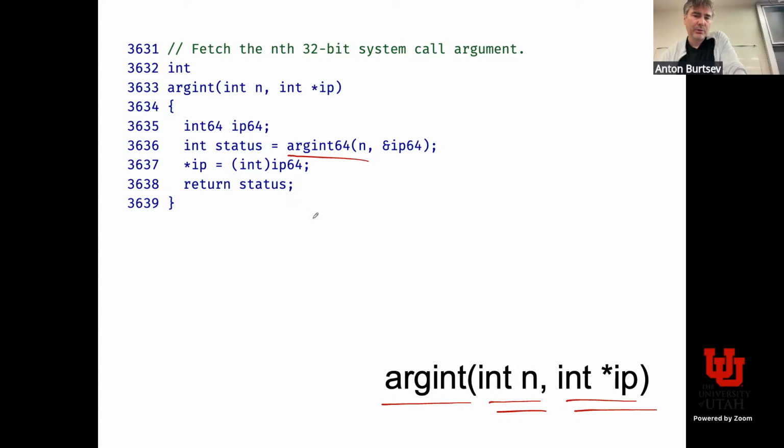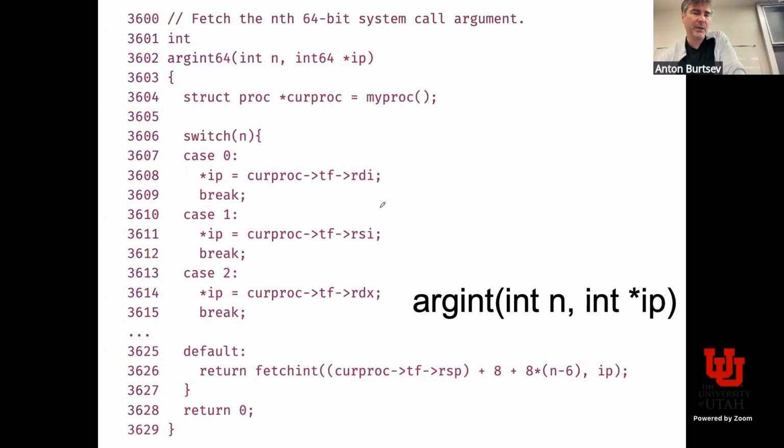Why are we doing this? Because the first 6 arguments will be passed in registers. That's convenient because this is the calling convention. In the user code, you can create a wrapper which just says write(1, buff, n), for example, and the compiler generates this calling convention, this call site invocation.